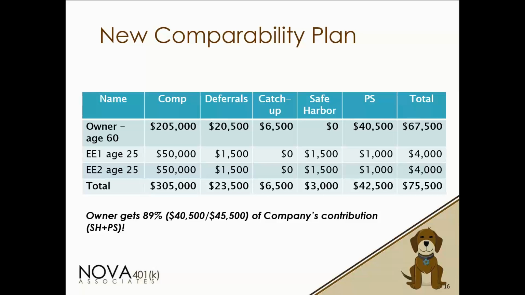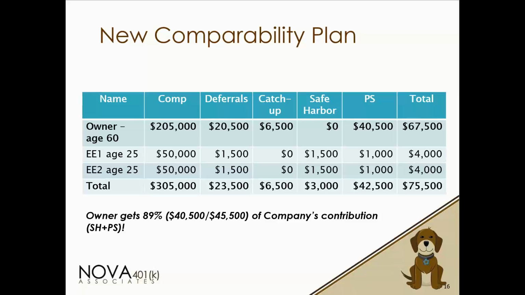And then the owner, since he's 60, he gets his catch up. He's maxed out his deferrals, and so we top him off up to that $61,000 plus the catch up. We top him off in the profit sharing plan with $40,000. So a big bump now in both the amount of money that he's getting, but also in the percentage.